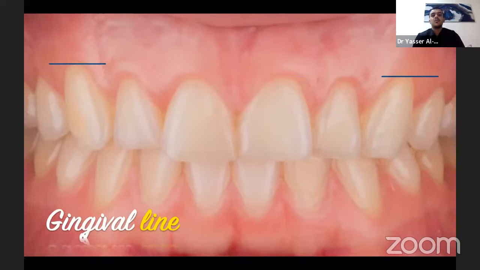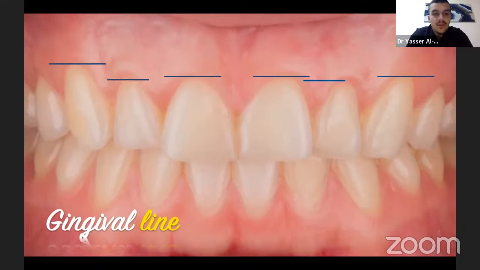The gingival line means the height of the gingiva of one tooth relative to another. For the central incisors, the gingival line is higher than the lateral incisors by about 0.5 to 1 millimeter.